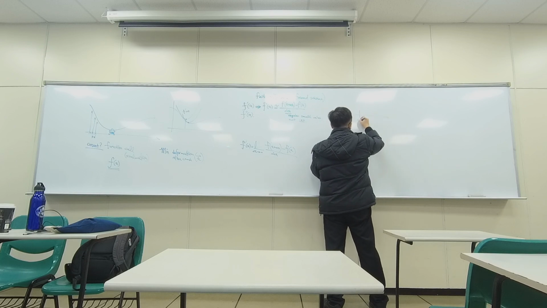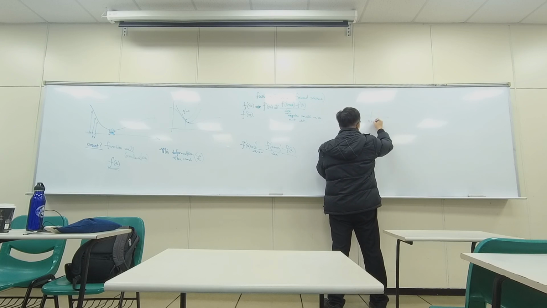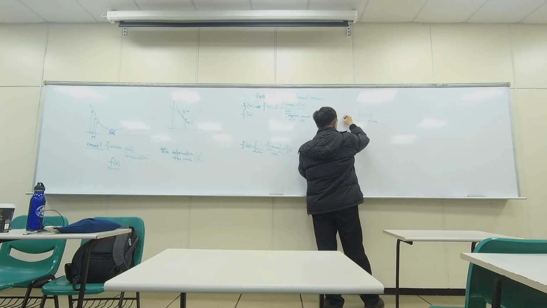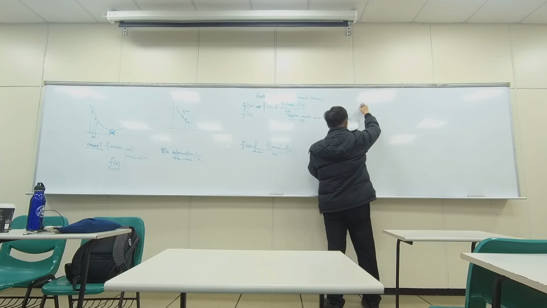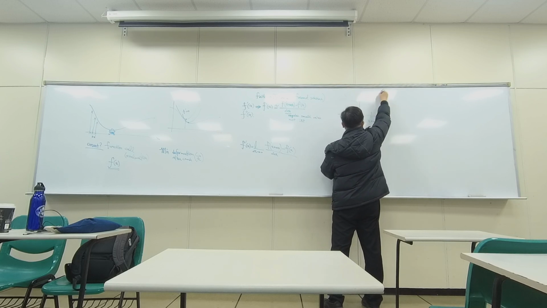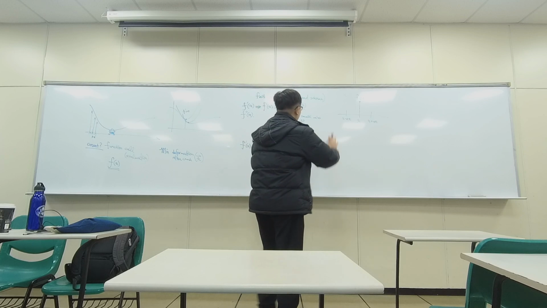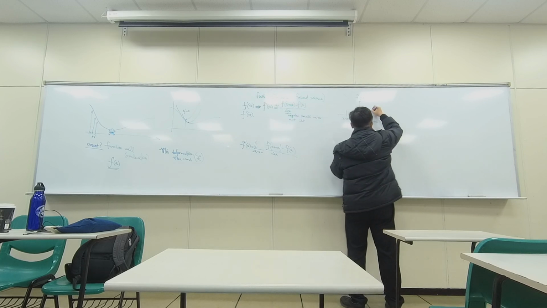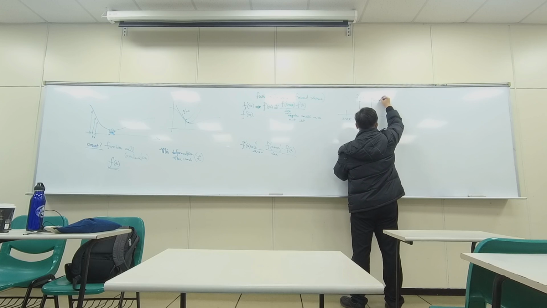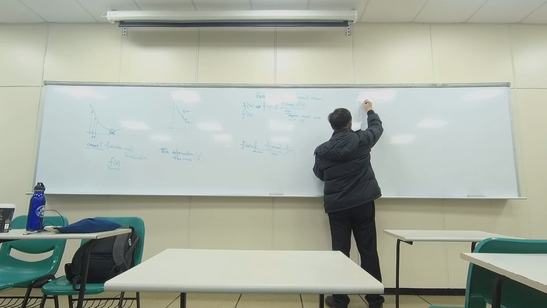Over here, this is x. This is x plus del x. Here is x minus del x. You're trying to evaluate some function. Over here, you want to know the function value of f prime. What you did was, you evaluate the function value right here, and you evaluate the function value right here.